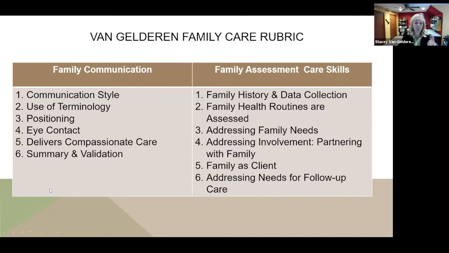We're recommending 1 or 2 family assessment skills, because they take more time, and it would be too robust to expect that all 12 constructs are measured within one simulation scenario. So educators need to be purposeful: all 6 on the communication, but just pick 1 or 2 for the family assessment.